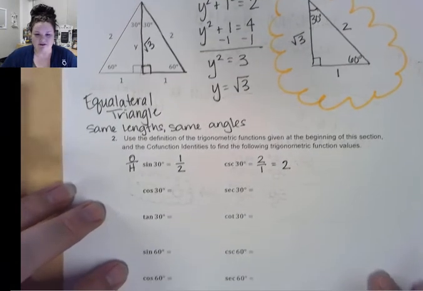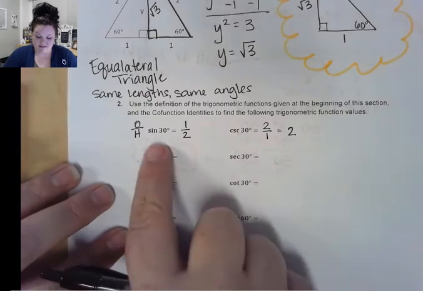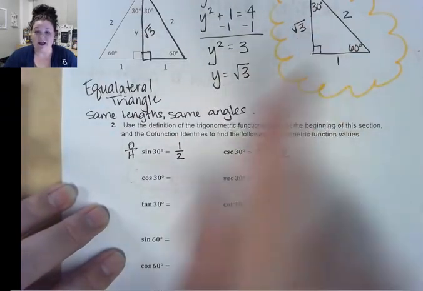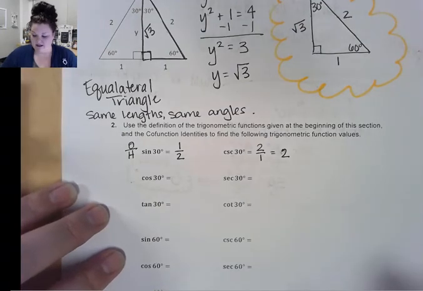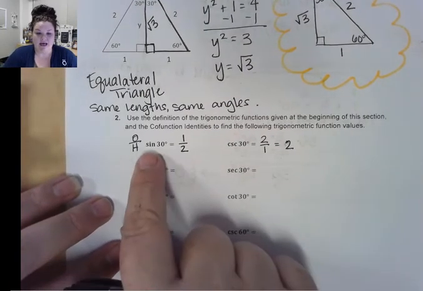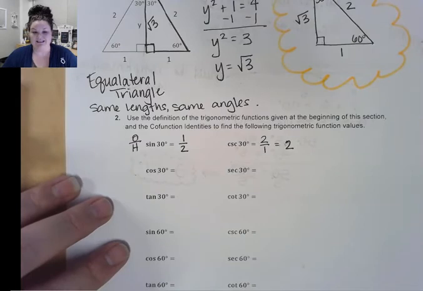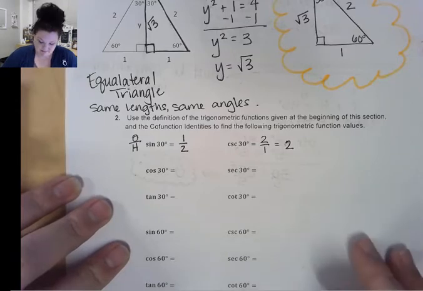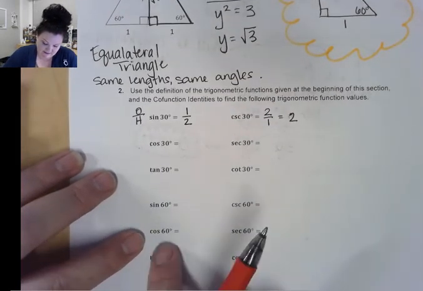What else can I figure out? Well, I know that 30 and 60 are complementary, so I have cofunction identities. That means the sine of 30 is the same thing as the cosine of 60. So I'm going to come down here where the cosine of 60 is.